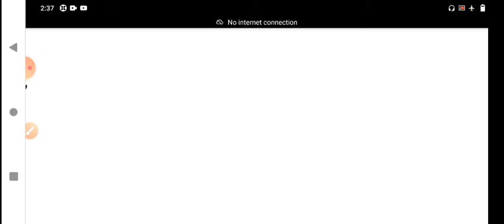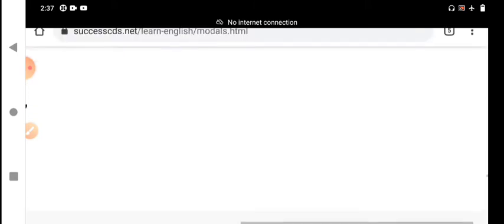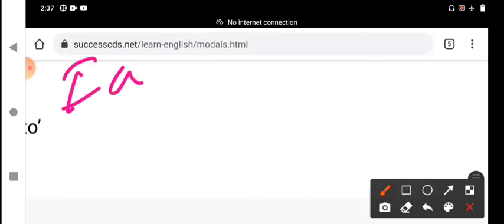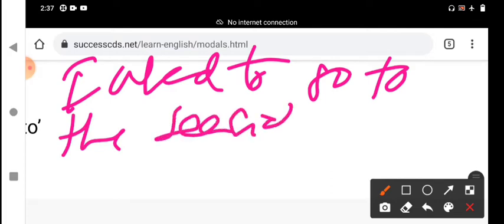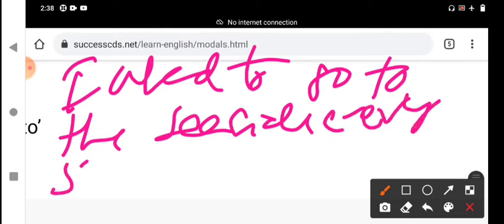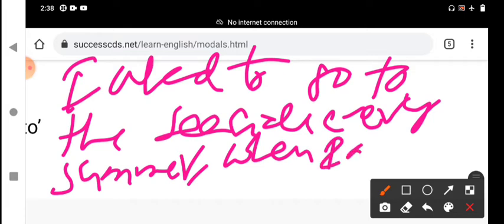For example, once upon a time we had a habit. How do we express that past habit? For example, I used to go to the seaside every summer when I was a kid.